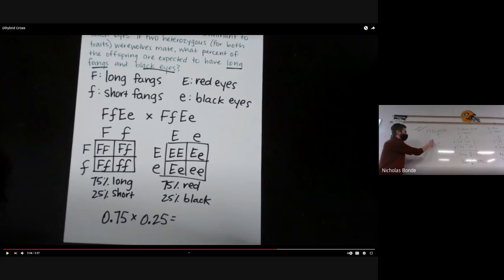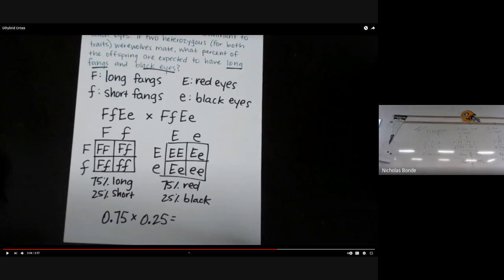Because you multiply them across. 3 times 1 is 3. 4 times 4 is 16. Multiplying fractions isn't really too bad, I'll be honest with you. So that's really not too terrible. Okay. Or you can do the 0.75 times 0.25. Okay.